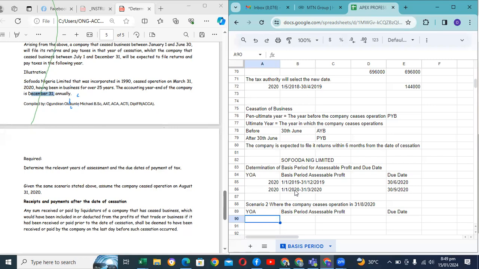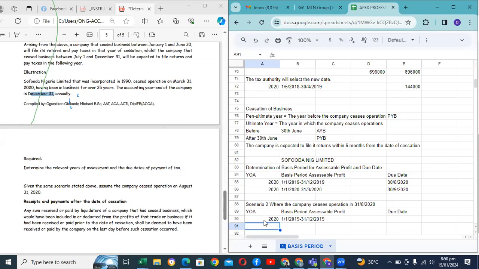Now, let's go ahead. Nothing is wrong with the penultimate year. Penultimate year is still on preceding year basis, right? So we have 1/1/2019 to 31/12/2019. But here, when did the company cease operation?